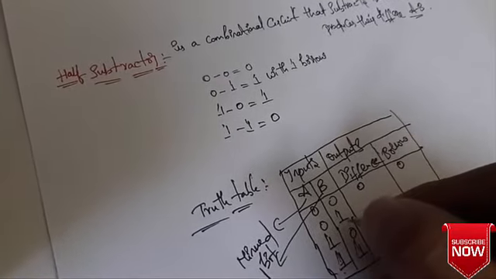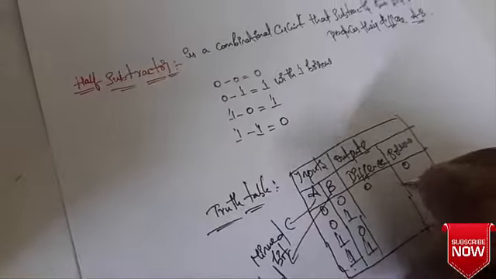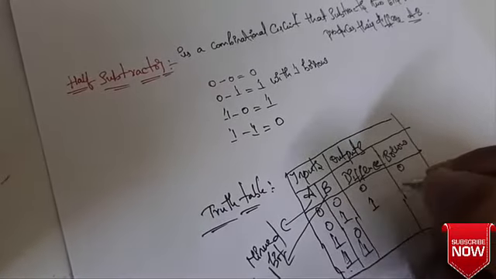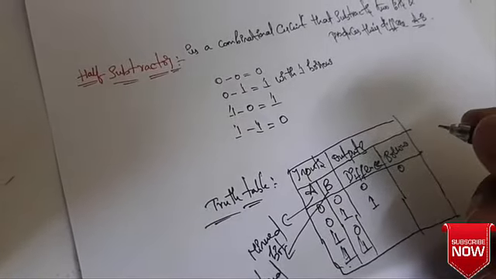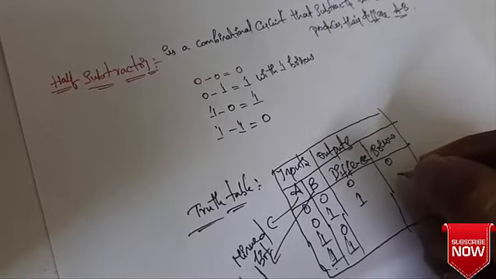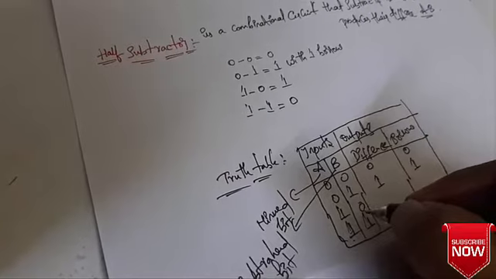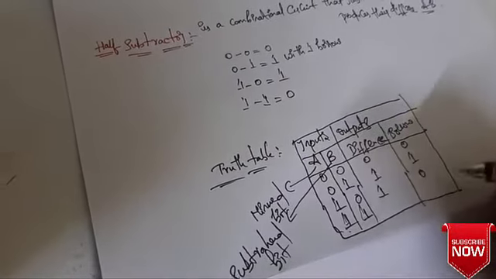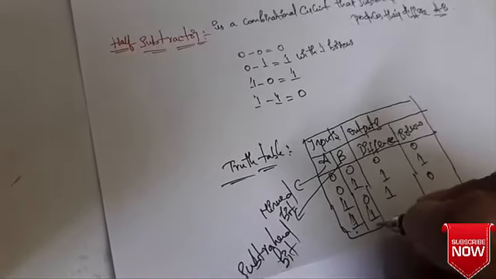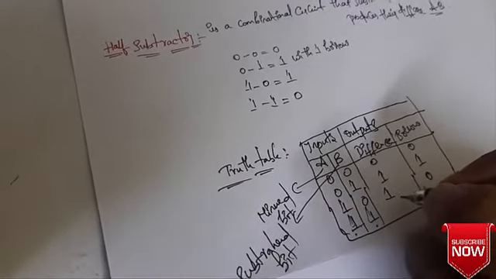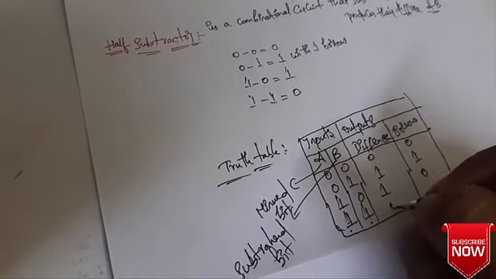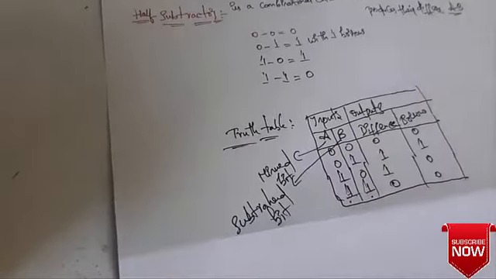Here 0 minus 1 means the difference will be 1. You must take the borrow, right? Then the borrow will become 1. And next 1 minus 0 means the difference will be 1. Here the borrow will be 0. 1 minus 1 means you get the difference as 0 and borrow as 0.